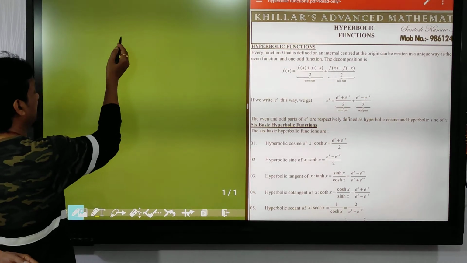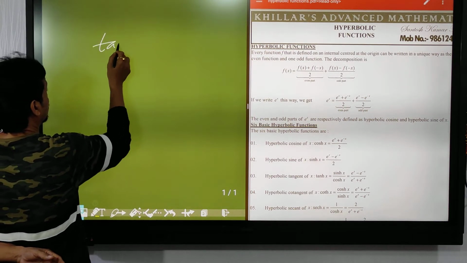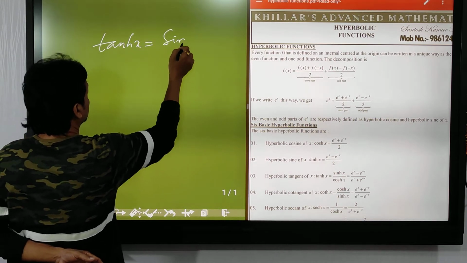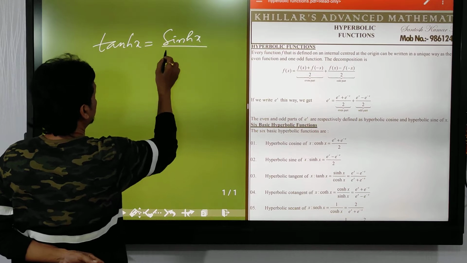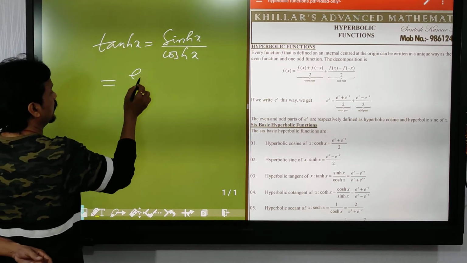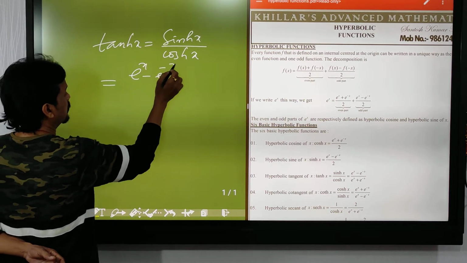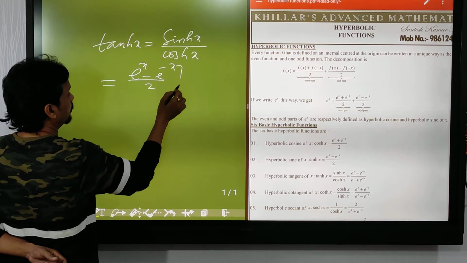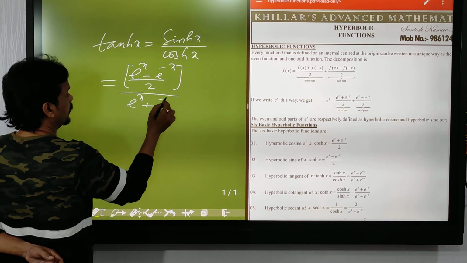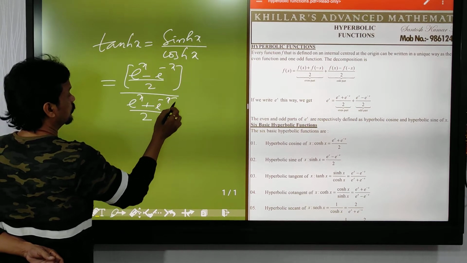Clear? Similarly, tanh x is equal to sinh x divided by cosh x. Your sinh x is e to the power x minus e to the power minus x divided by 2, and cosh x is e to the power x plus e to the power minus x divided by 2.